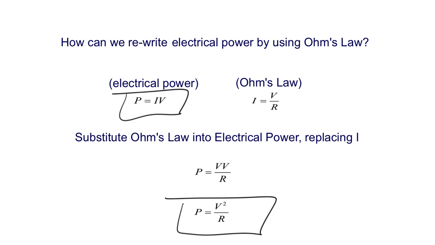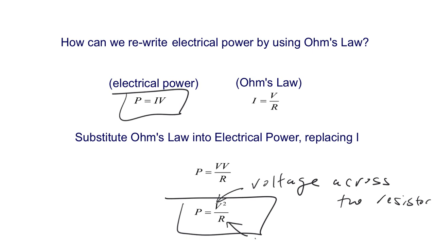P equals V squared over R, where V is the voltage across the resistor which is using the electrical energy in the circuit. R is the resistance of the resistor that's using the electrical energy in the circuit. And P again is power.